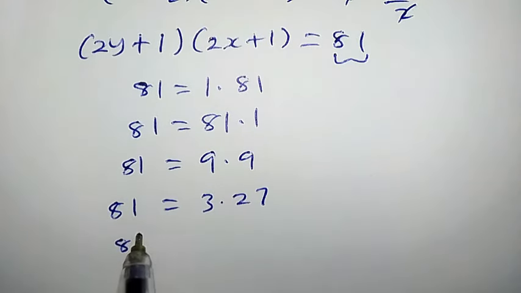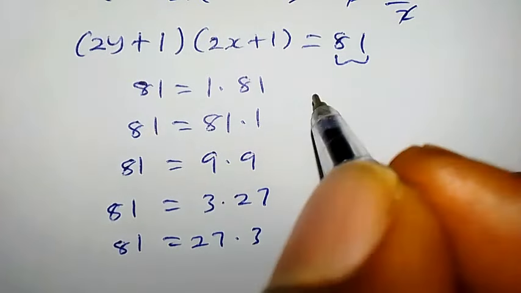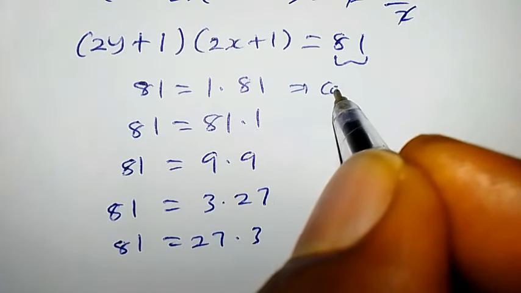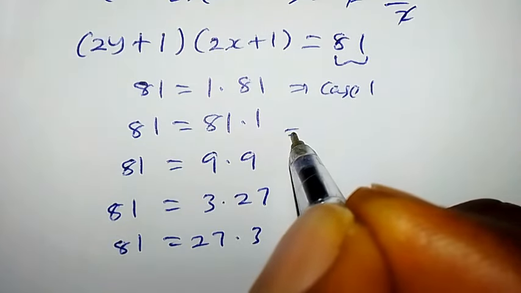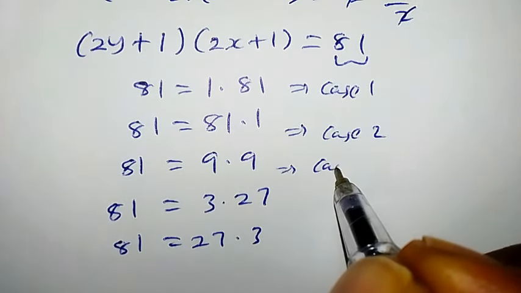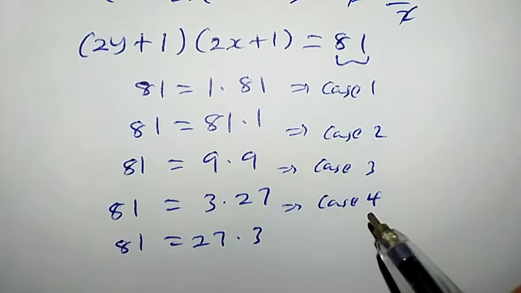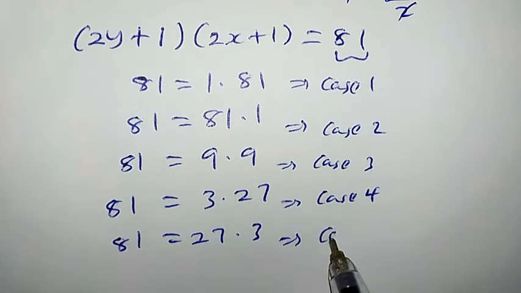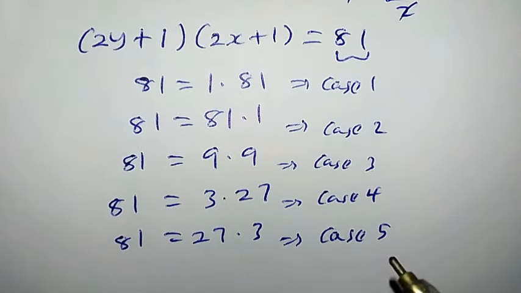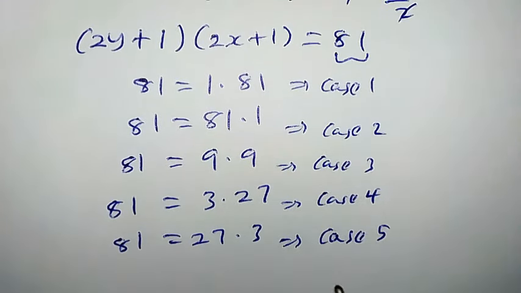Likewise, we can rewrite 81 as 27 times 3. Let's call this case 1, case 2, case 3, case 4, and case 5. Our goal now is to consider each case.